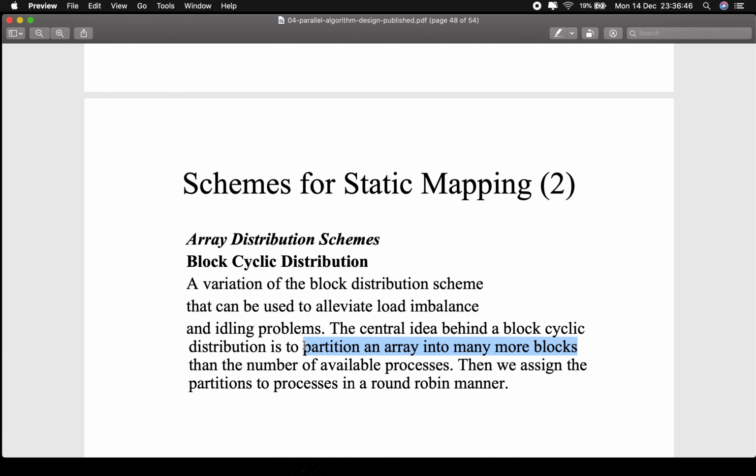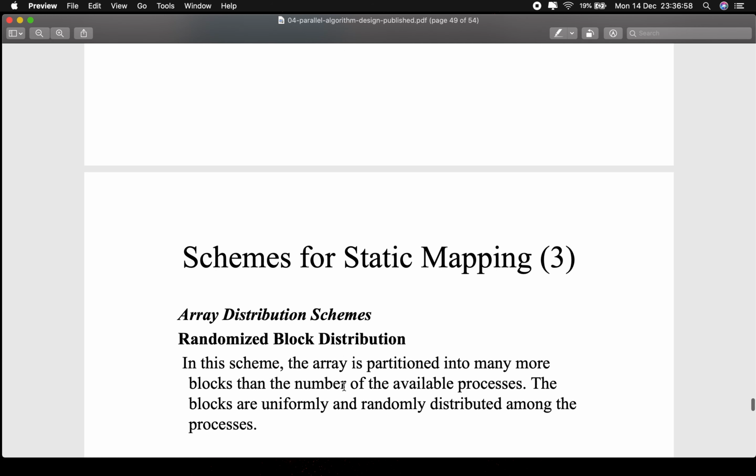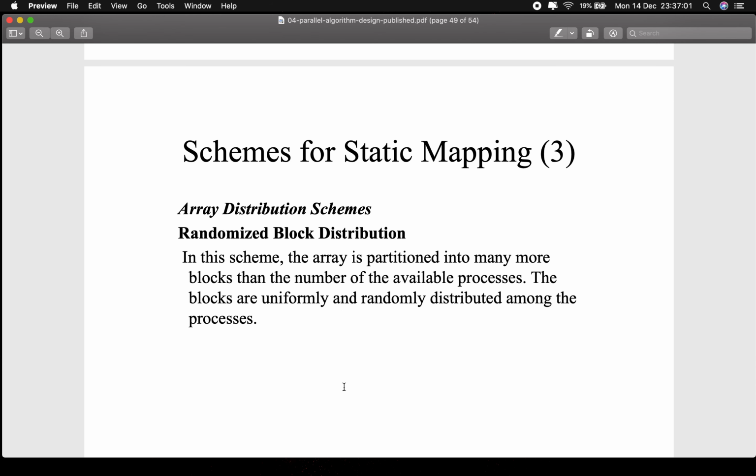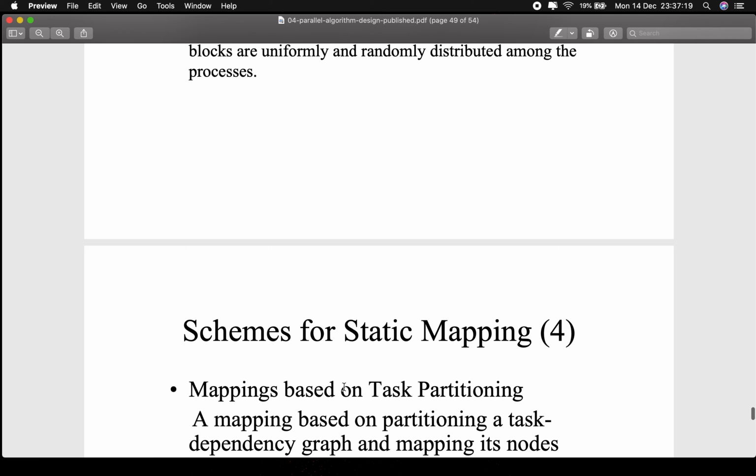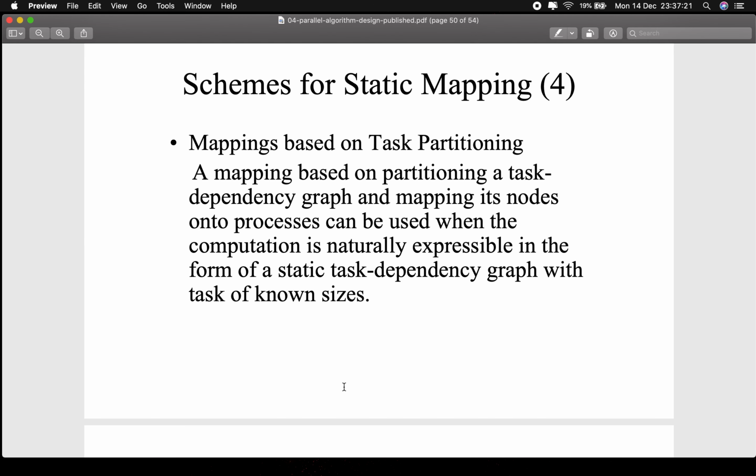This is the keyword also. Then after that, we assign the partitions to the processors in a round robin manner. Another one is the randomized block distribution. In this scheme, the array is partitioned into many more blocks than the number of available processors. The blocks are uniformly and randomly distributed among the processors.